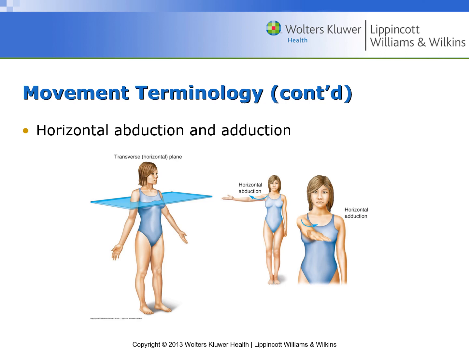Horizontal abduction is movement that occurs again away from the midline of the body, while horizontal adduction is movement that occurs towards the midline of the body.